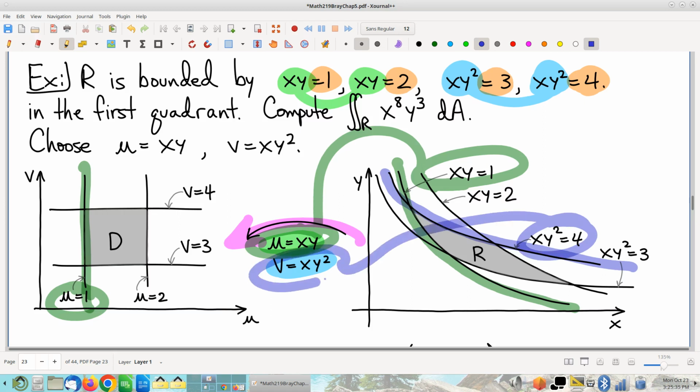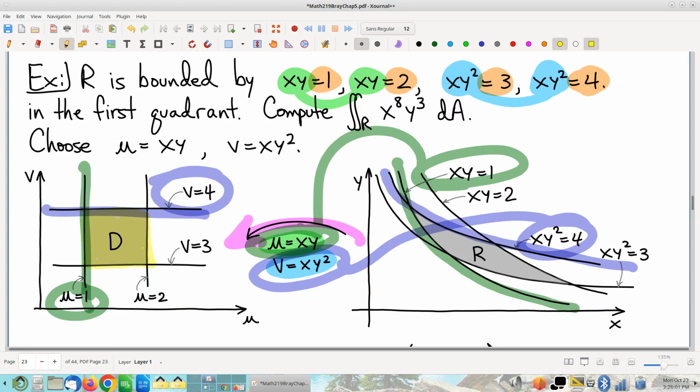But wait a minute, v is xy squared. So if v is xy squared, and xy squared is 4, then v equals 4. And that's another nice straight line, this time horizontal. So altogether then, thing of beauty, my new domain over here is just a rectangle.